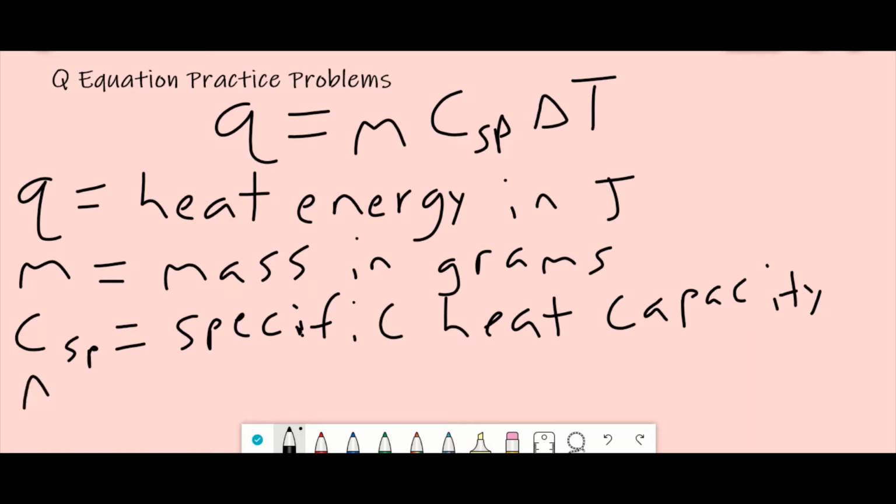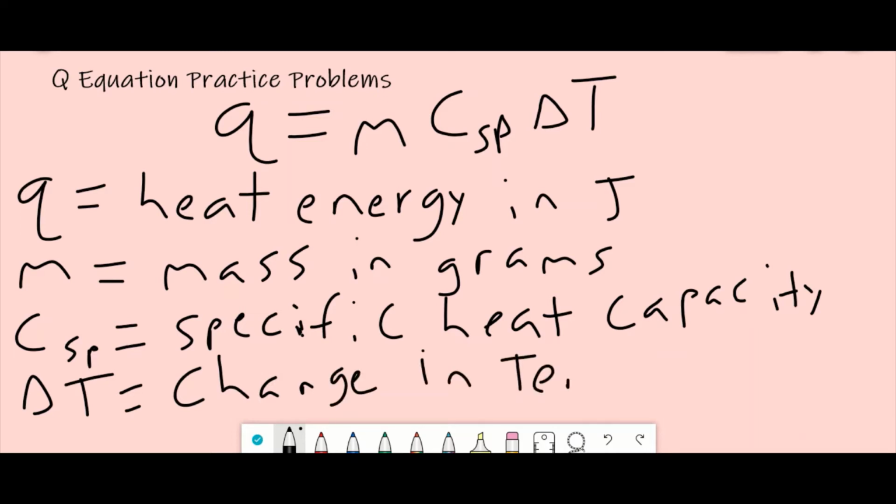And then our delta T is the change in temperature. Technically, you could use either Celsius or Kelvin for this because the change is going to be the same number. But I usually like to keep it as Celsius because that's the easiest thing to measure.